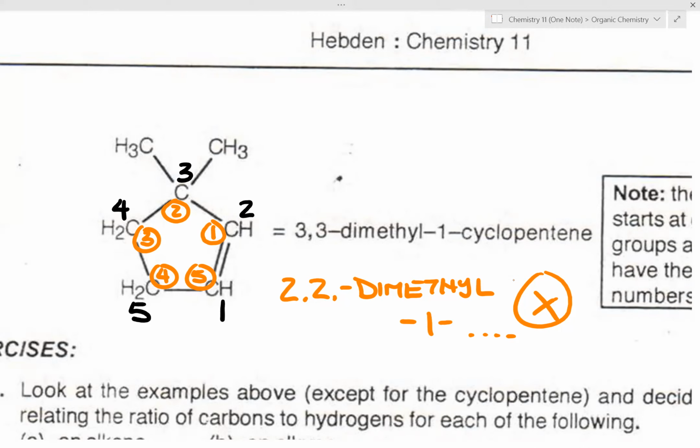Correct. The double bond has to be between sequential numbers: 1, 2, 2, 3, 3, 4, 4, 5. Here, the double bond is between 1 and 5, not sequential numbers. Okay? So a little tip. All right.